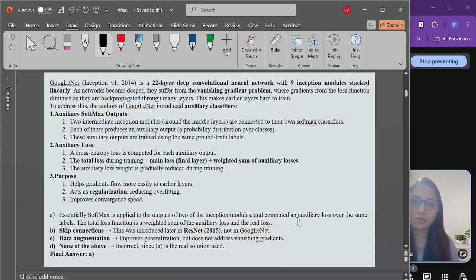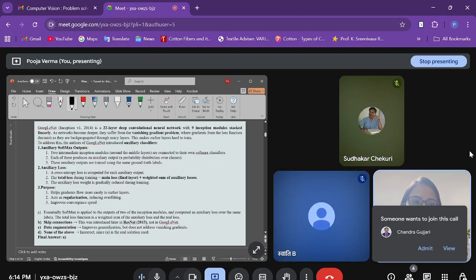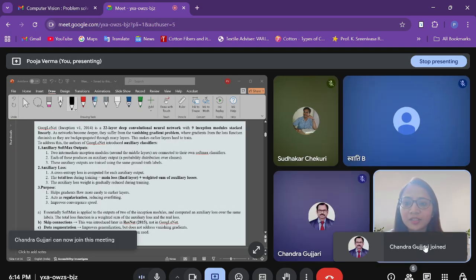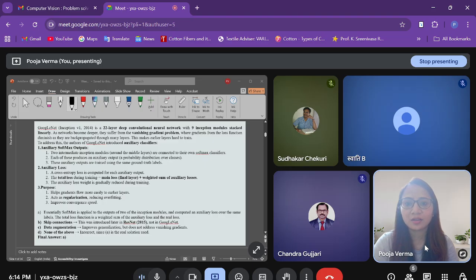It is a 22-layer deep convolutional neural network architecture with nine inception modules that are stacked linearly. As networks become deeper, they suffer from the vanishing gradient problem, where gradients from the loss function diminish as they are backpropagated through many layers. This makes earlier layers harder to train.